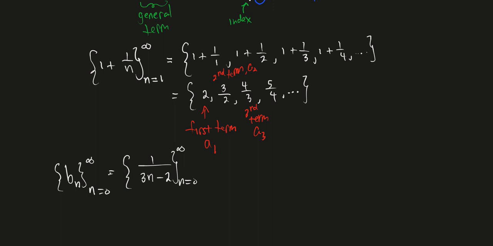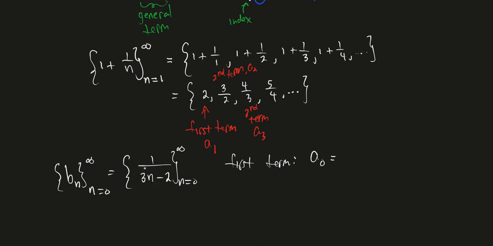Right? That's our sequence. Let's say the first 3 terms, right? So in this case, the first term would correspond to n equals 0. So my first term would be a sub 0, and then it's just a matter of plugging it in, right?